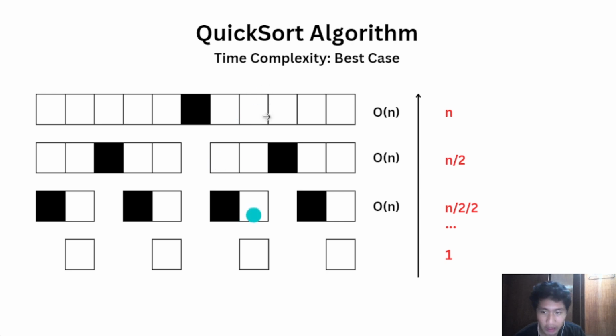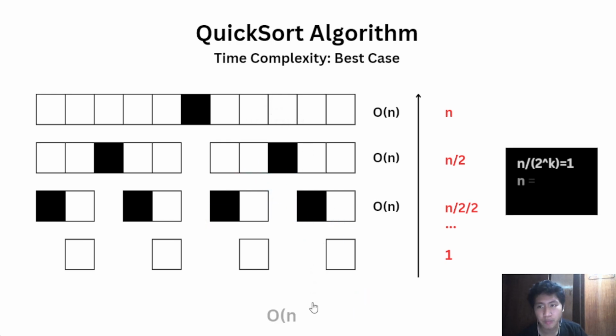Observe that in each level, the array size is always divided into 2 until it reaches 1. So we can write the equation as n over 2 raised to k is equal to 1, for which the value that we'll get is k equals log base 2 of n.